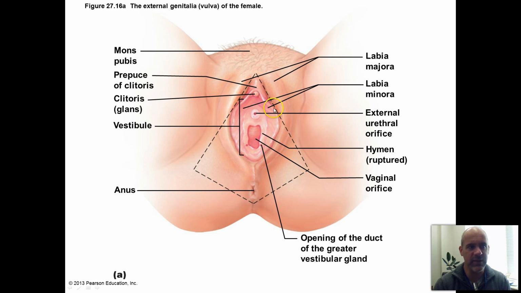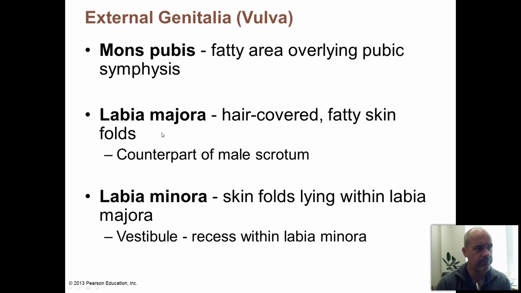That's where your external urethral orifice is located. That's where the vaginal orifice is located. These two little holes here are the openings of the vestibular glands, which secrete lubricating fluid in a female. And so that surface on which those openings are located is called the vestibule.